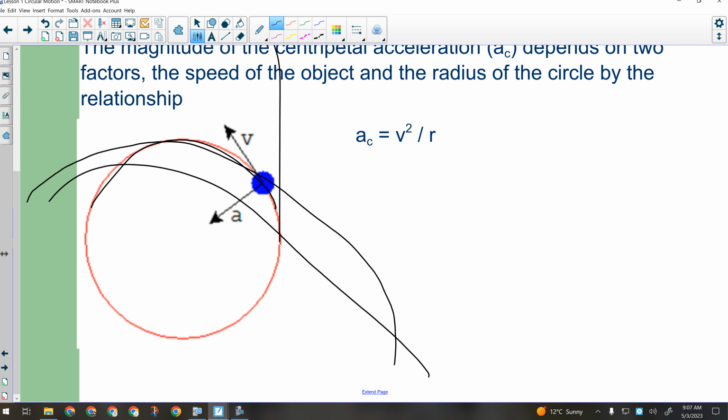But the thing to remember here is that speed has an exponential relationship. So if I double my speed, my centripetal acceleration is going to have to be 4 times greater. And that centripetal acceleration has to be provided by a centripetal force. If we're talking about going around a corner, the centripetal force is provided by friction.